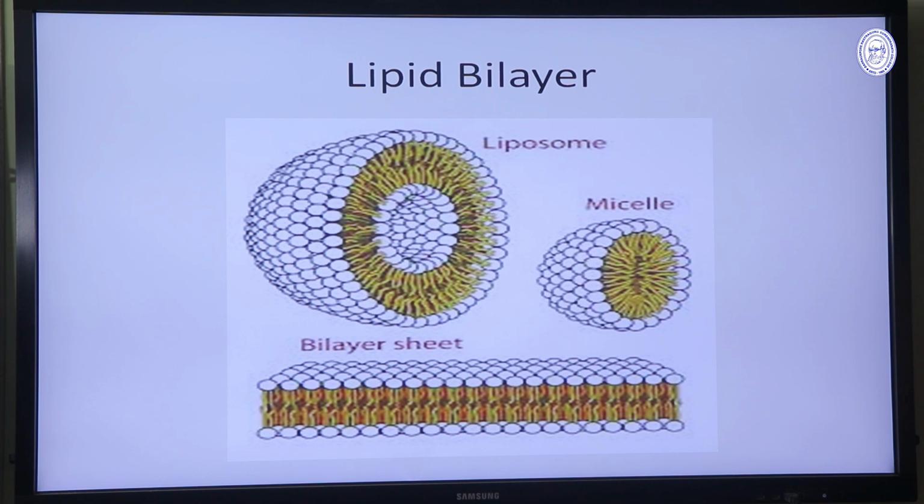This kind of structure is called a liposome. In the lower structure you can see that it is forming a bilayer sheet where the upper and the lower layers are formed by the hydrophilic heads, and in between them the hydrophobic tail regions are secured from the water.